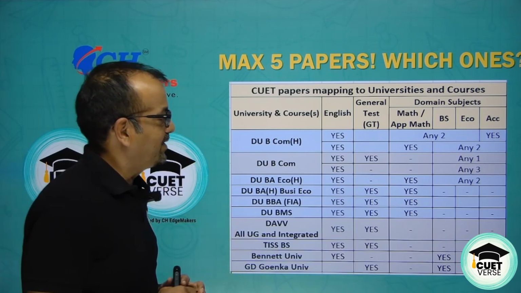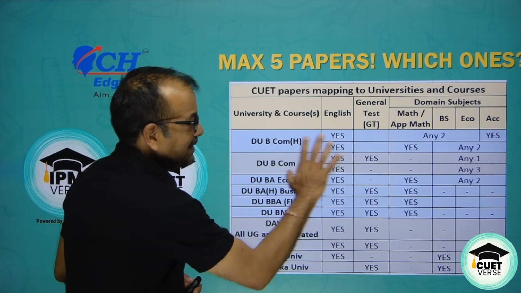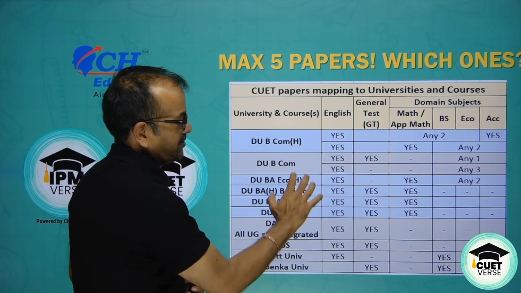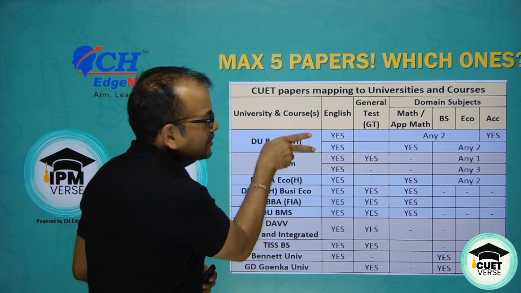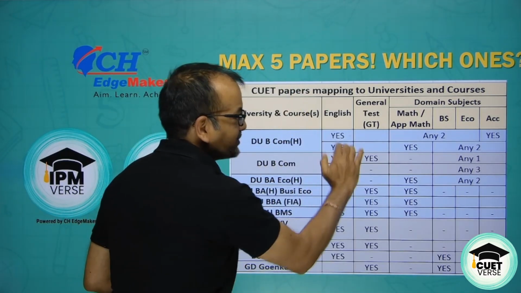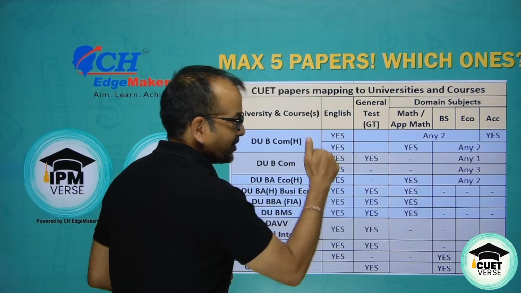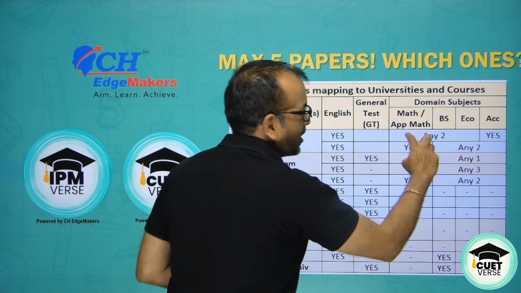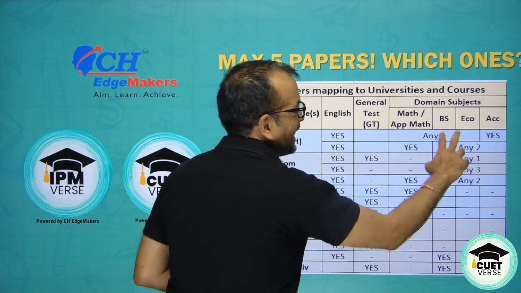Now take a look at this. How this table is designed is, let's say for DU BCom Honors, if you want to apply, there are 2 possible streams that you can take. The first one says English compulsory, accounts compulsory, and out of the other domain subjects, any 2.